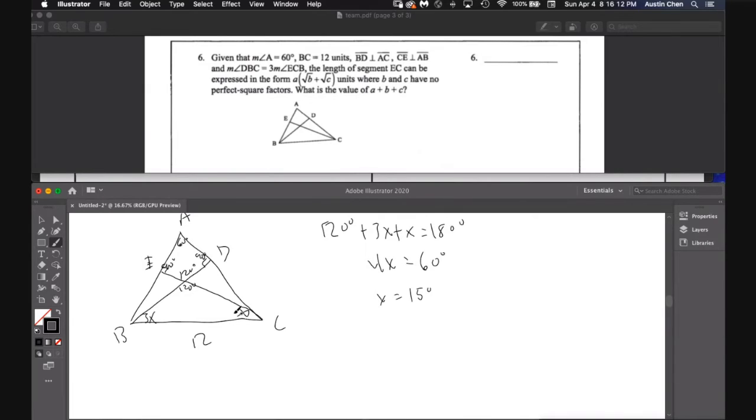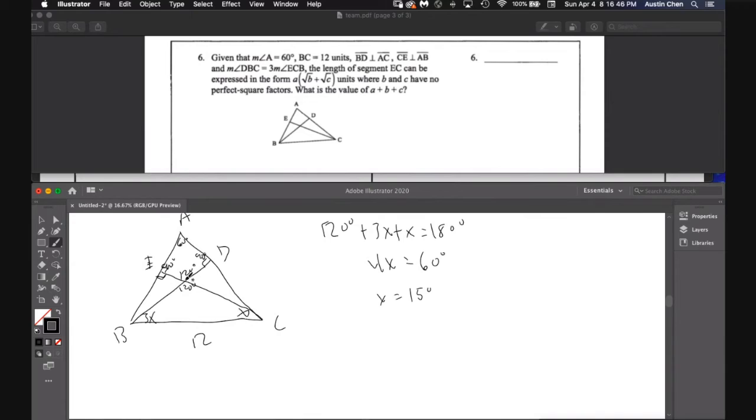Okay. So let's look back to the problem. What do we have to find? We have to find the length of segment EC, expressed in that radical form. So how would we find the length of EC when we have these angles and this side? Well, if you look at ECB, it told us that EC was perpendicular to AB, so this right here is also a right angle.